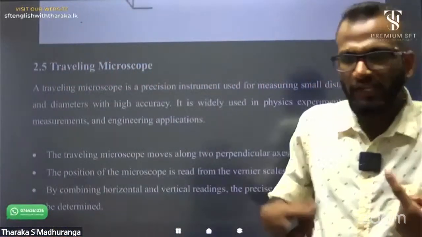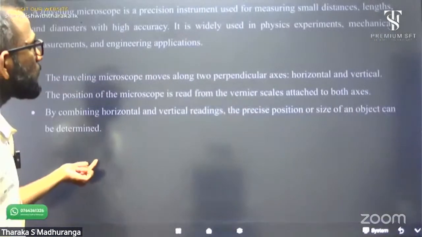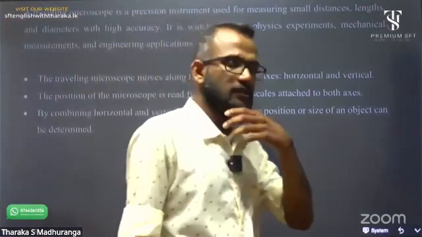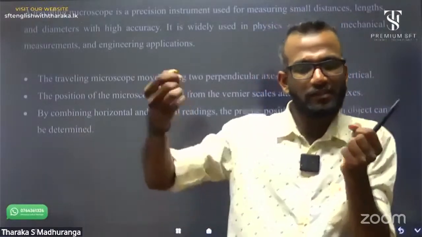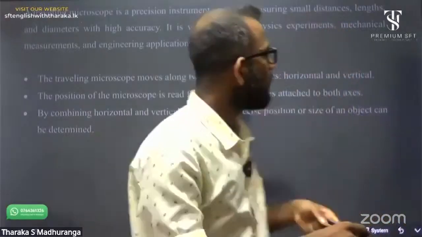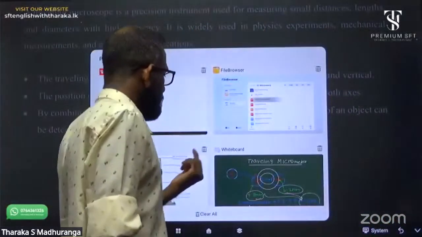Right. The traveling microscope moves along two perpendicular axes, meaning the vertical axis and the horizontal axis. I will show you by video.